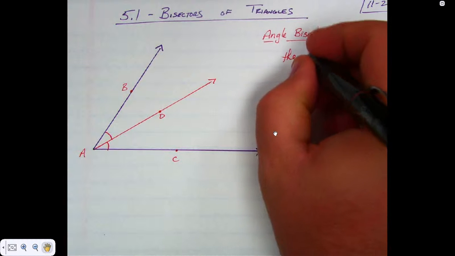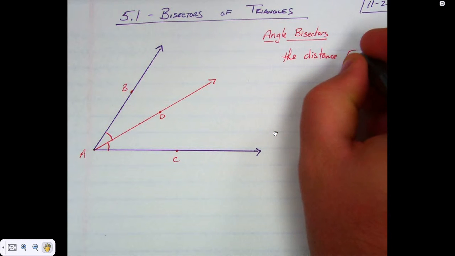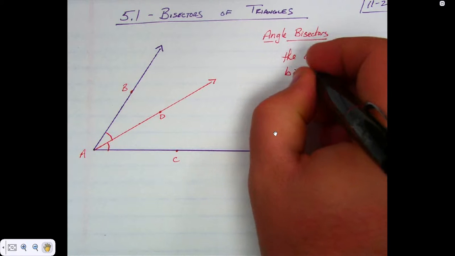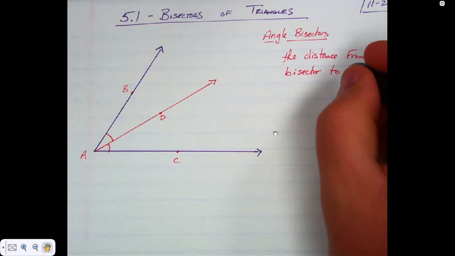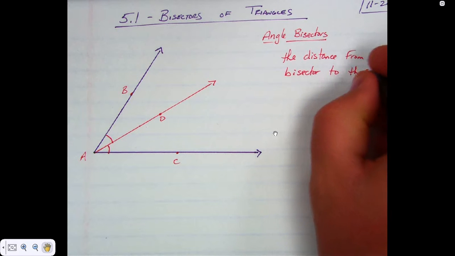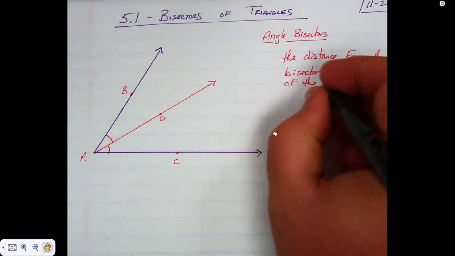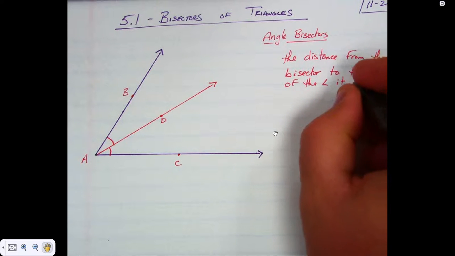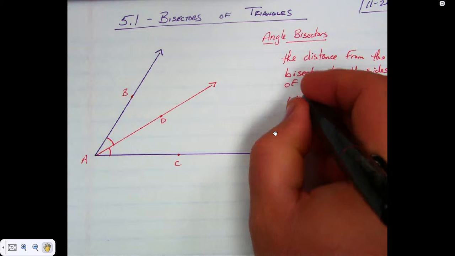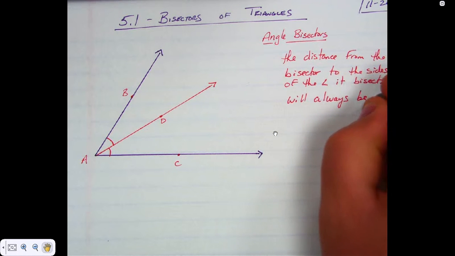The distance from the bisector to the sides of the angle it bisects will always be equal.